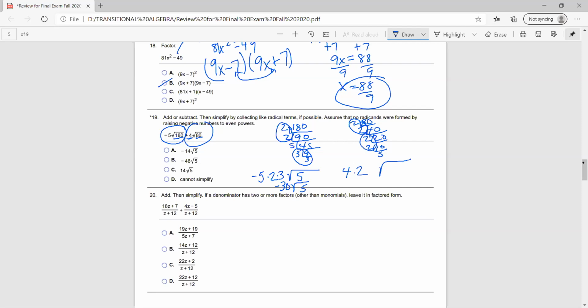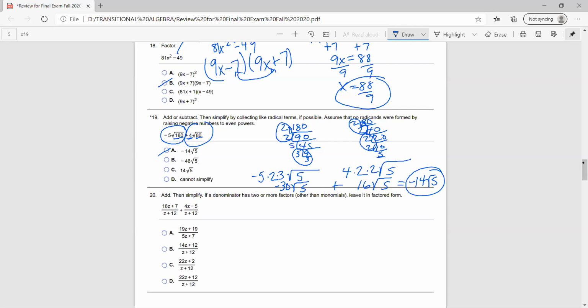I can pull out another 2, go with the 4 that's already there, and I've got a 5 underneath. So this is going to be 4 times 2 is 8, times 2 is 16, square root of 5. So we can add those together, and that's going to be negative 30 plus 16, which is negative 14 square root of 5. The right answer is A, number 19.